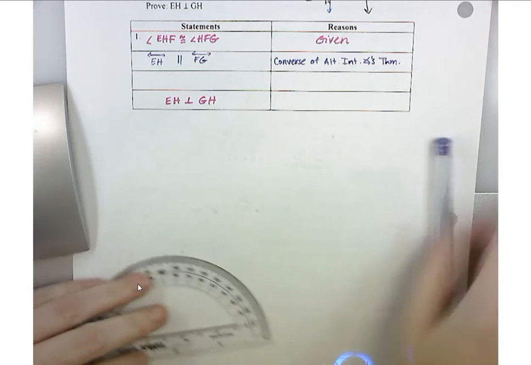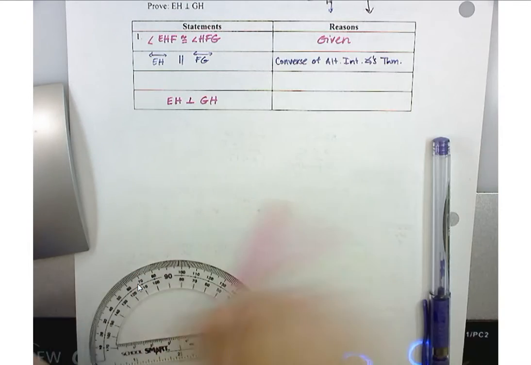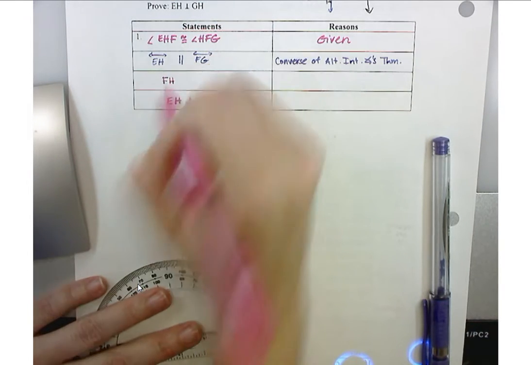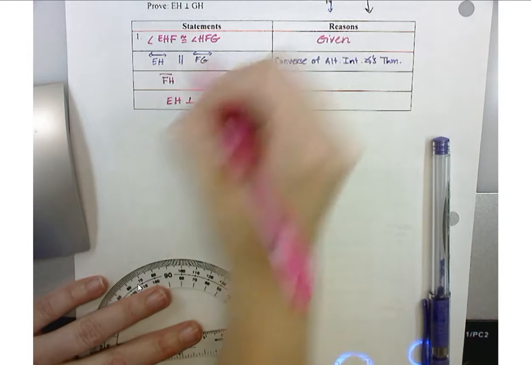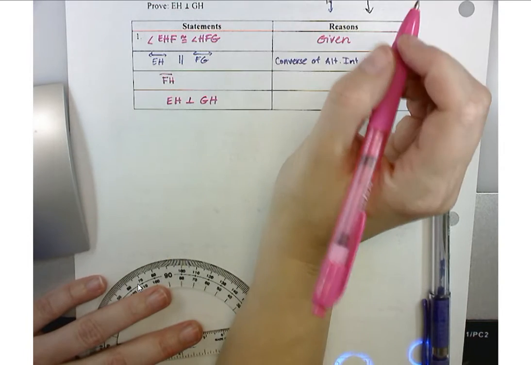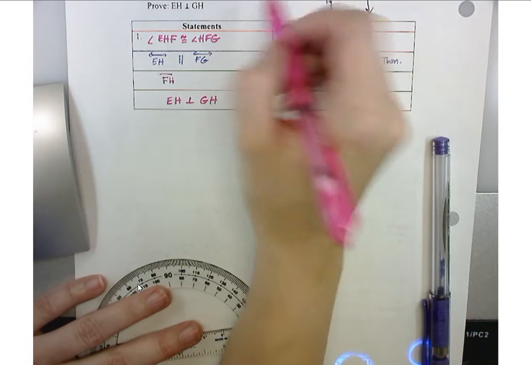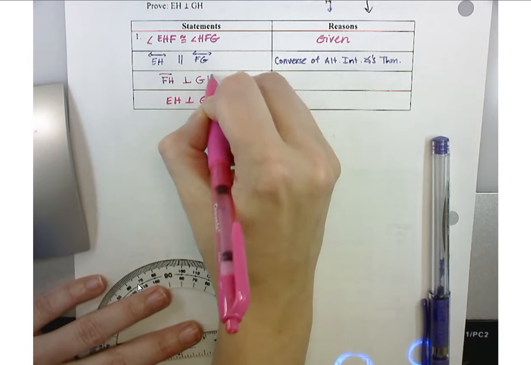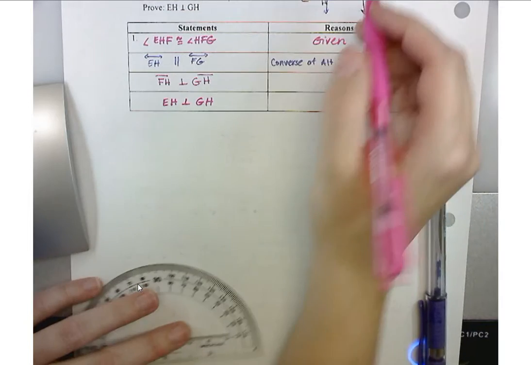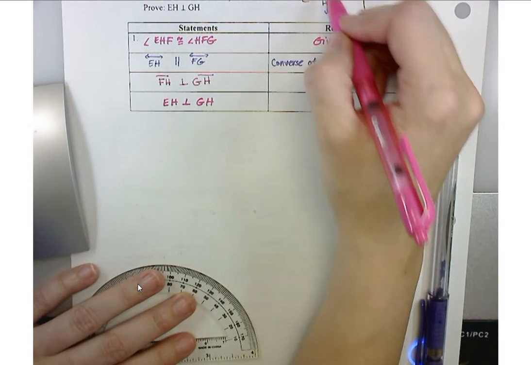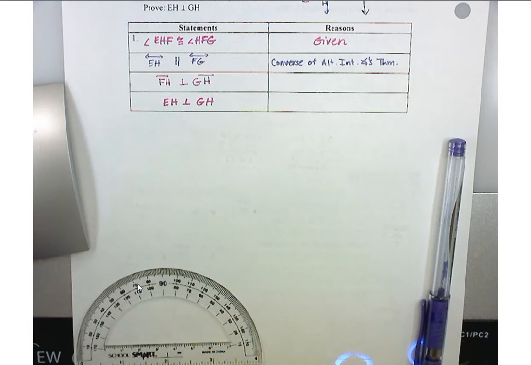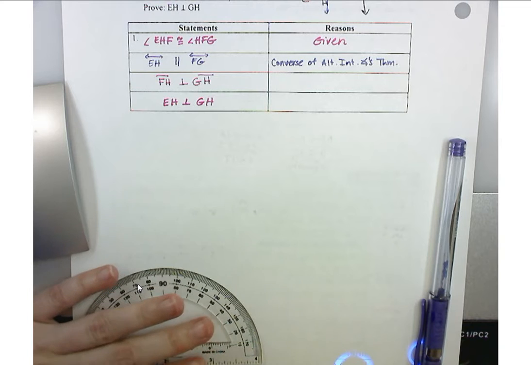Bless you. And then remember I said we're going to split up our given into two separate statements. So this is FH, and this really should be GH. Okay, so FH is perpendicular to GH. So if that's given, it really should say FG.